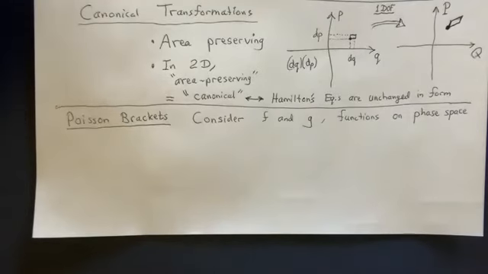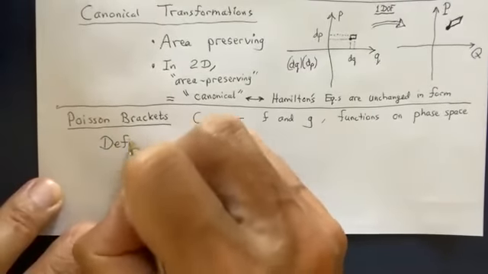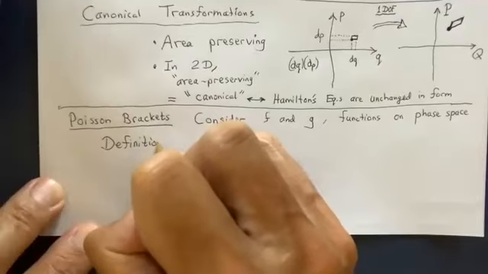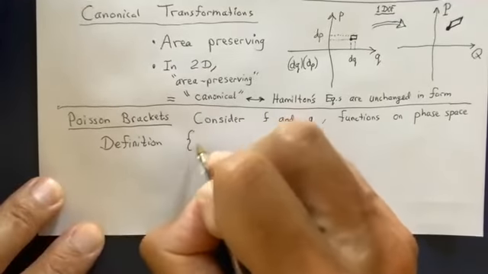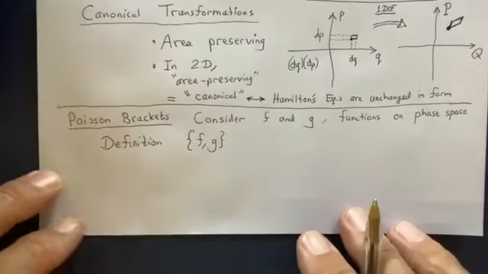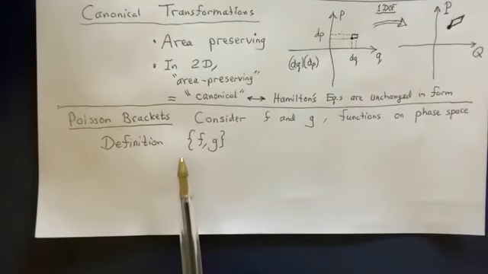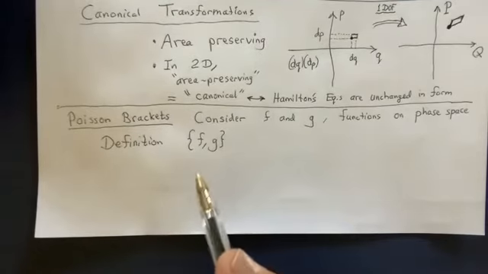Here's a prescription. This now is the definition of the Poisson bracket. Okay, the Poisson bracket is defined with these curly braces, but let's emphasize this is simply notation for a mapping.